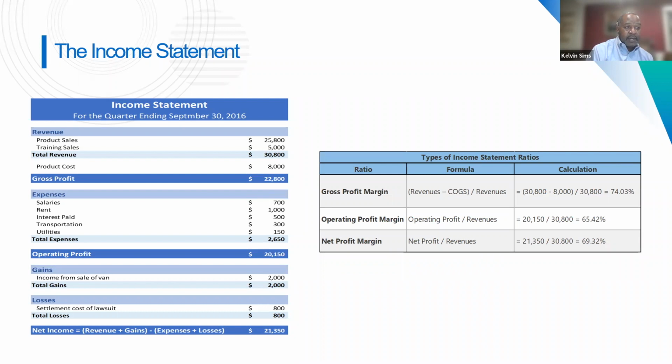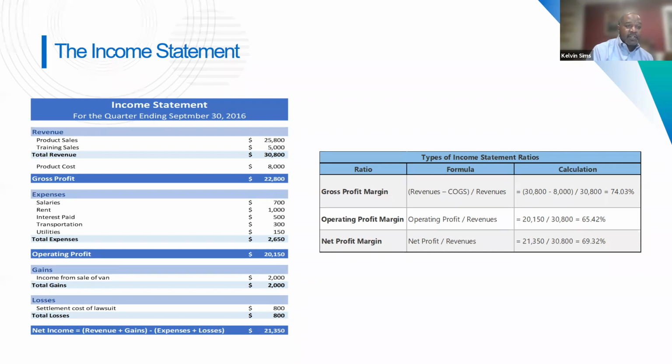We look at the net income of $21,350 divided by our revenue. We're getting 69.32% net profit margin on our money. Very good ratios in this situation.